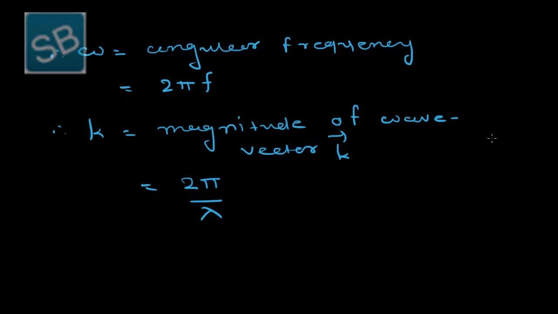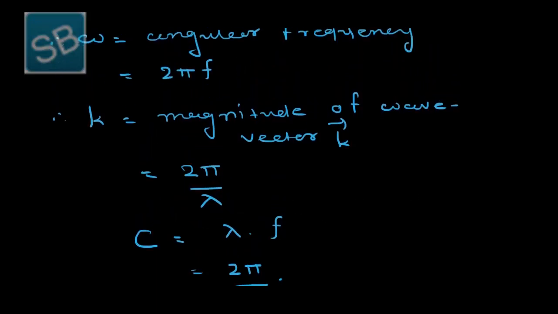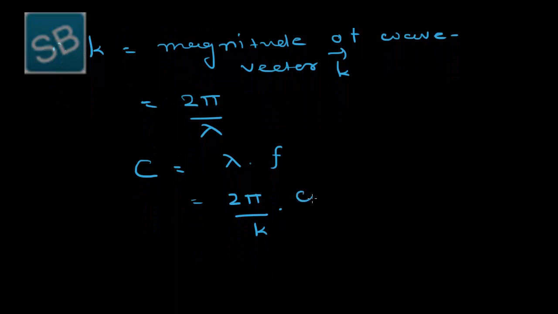Now I can write one equation for speed of light in the form of lambda into f. So lambda is 2 pi over k, and f is omega over 2 pi, and hence this 2 pi is cancelled out, so c is equal to omega by k. And this is the third equation in our representation number 1.